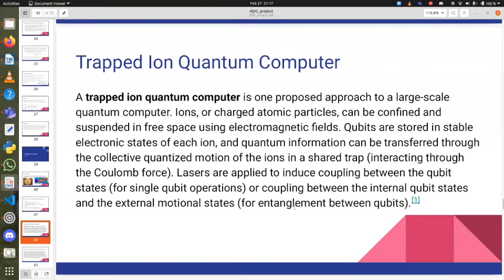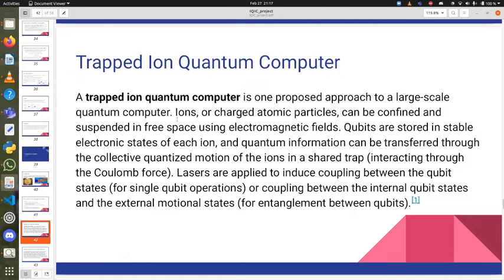So let's see how a trapped ion quantum computer works. A trapped ion quantum computer is one proposed approach to a large-scale quantum computer. It can be built on a large scale. This means ions, or charged atomic particles, can be confined and suspended in free space using electromagnetic fields.